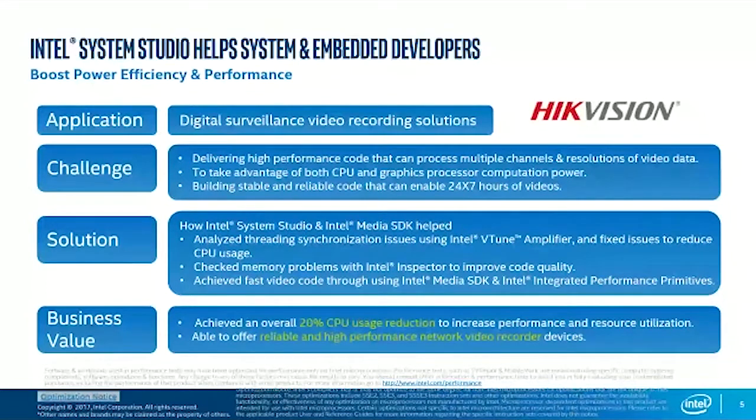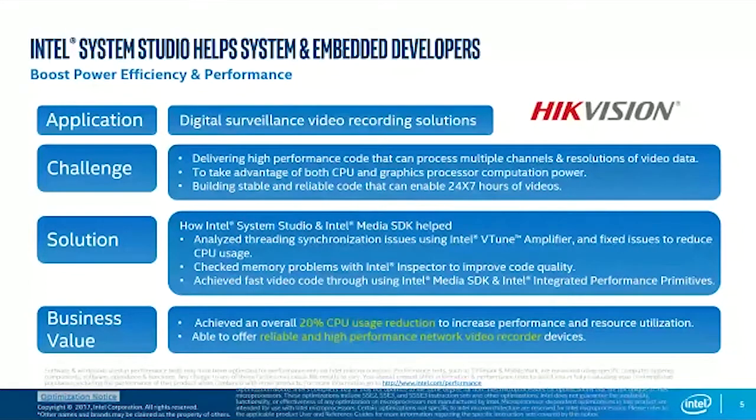Also, they can check memory problems with Intel Inspector. It's also part of System Studio, to improve the code quality and robustness. And also they can achieve fast video codec through using Intel Media SDK and IPP, Integrated Performance Primitives. It's a library of System Studio.